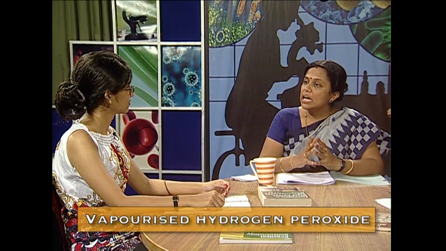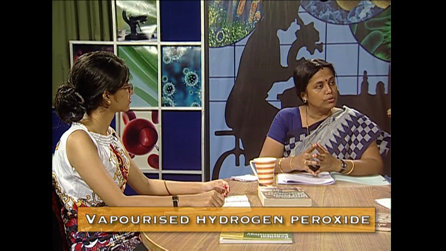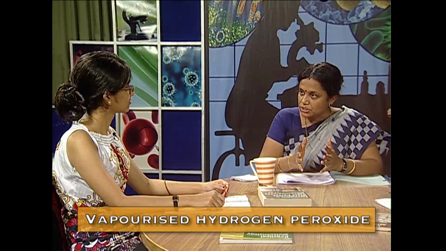Apart from these two, we can also use vaporized hydrogen peroxide for the process of sterilization. Hydrogen peroxide is used to carry out the sterilization process. It is harmless, and it can be used in a wide range of temperature, say from 4 to 80 degrees centigrade.